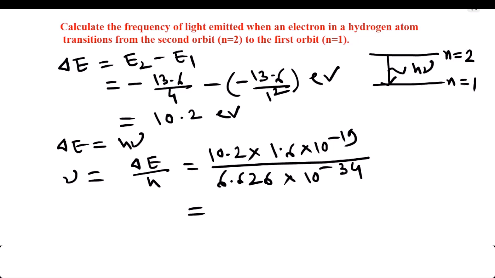Now if we calculate this value, it will be 2.47 into 10 to the power 15 Hertz. So the frequency of the emitted photon will be 2.47 into 10 to the power 15 Hertz.